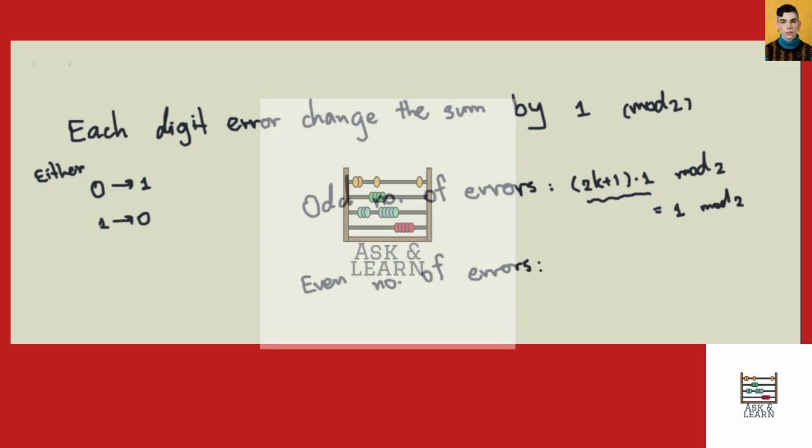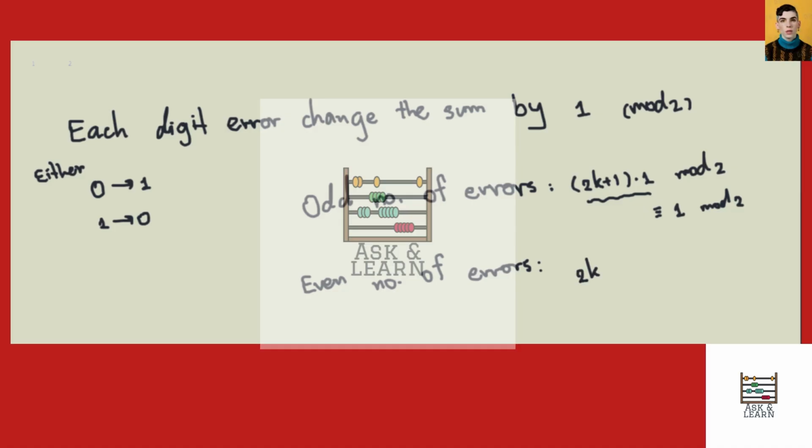And it essentially means the error can be detected, because all in all, it changed the total sum by just 1. So it's again a swap from 0 to 1 or from 1 to 0.